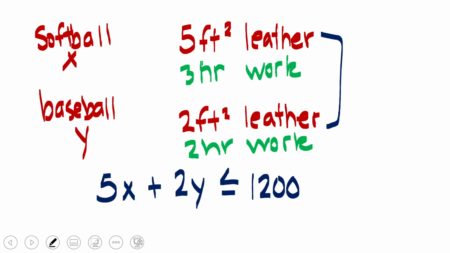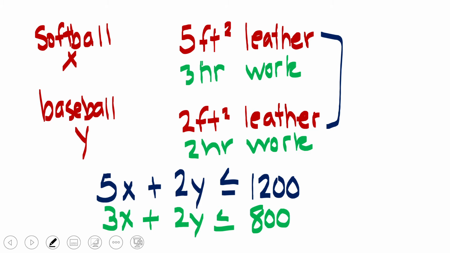For that constraint, every time they make a softball glove, it costs them 3 hours. They're making baseball gloves at the same time, and every time one of those gets made, it costs them 2 hours. They only have 800 hours in the constraint for a total amount of man hours.